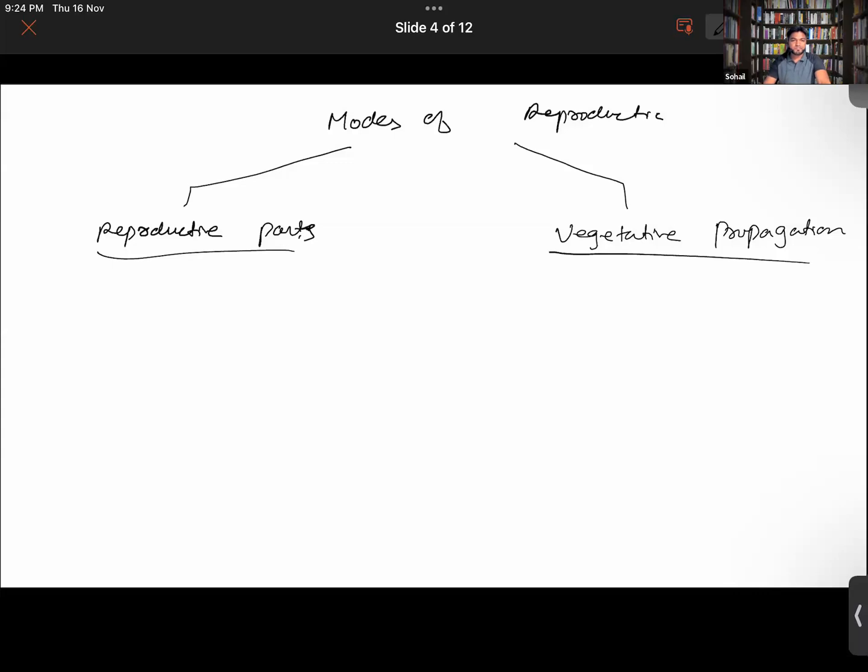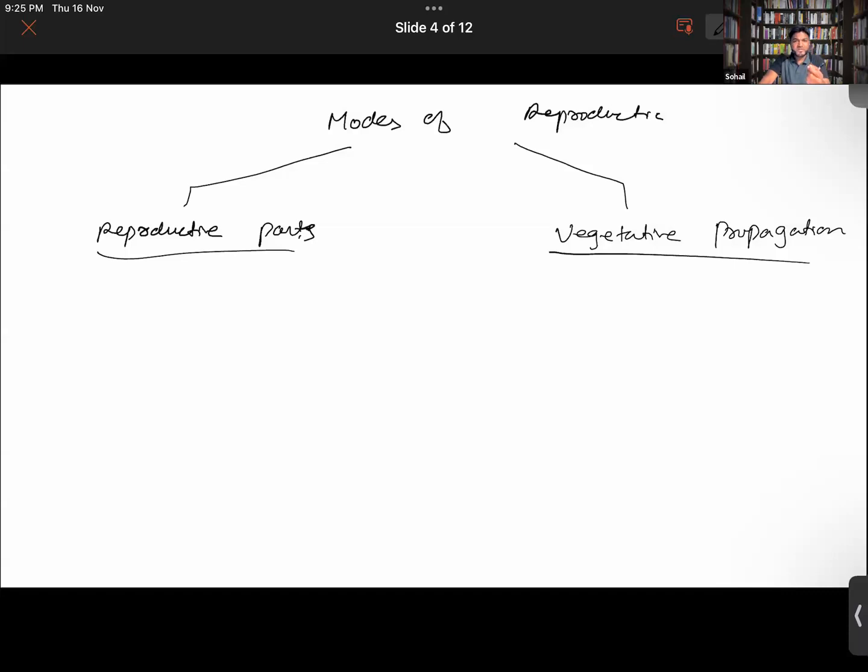So also further, I can categorize this as I can have two more classifications in the case of plants. Look, whenever there's an involvement of two partners in the process of reproduction, it is called sexual reproduction, as in the case of humans, and as in the case of all other organisms, all other animals, where two partners are involved.